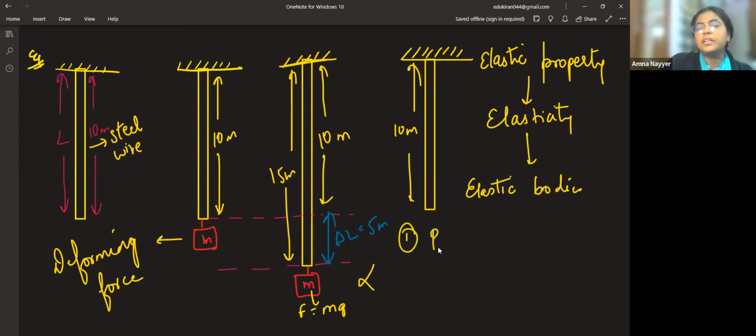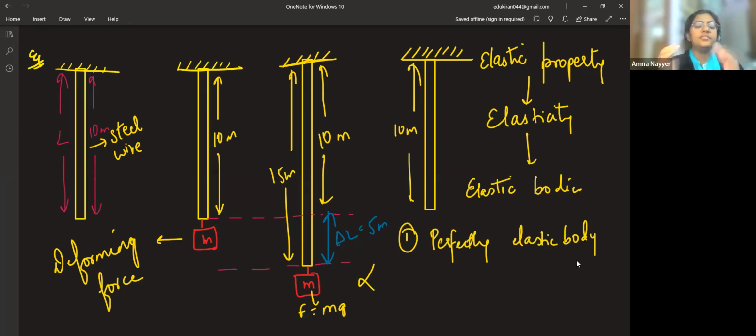One is the perfectly elastic body. Perfectly elastic bodies have the tendency to regain the exact shape. Like originally, if it was 10 meters, after the deforming force is removed, it will become back exactly to 10 meters.